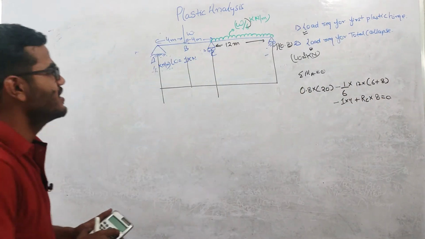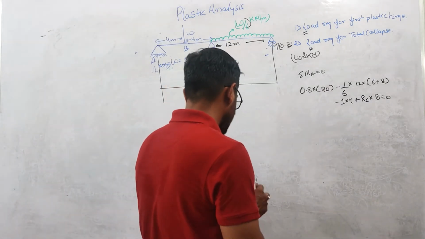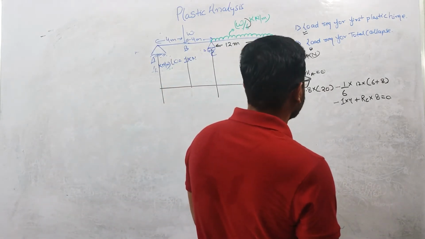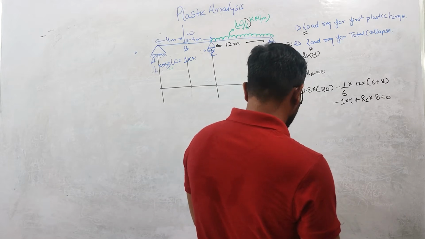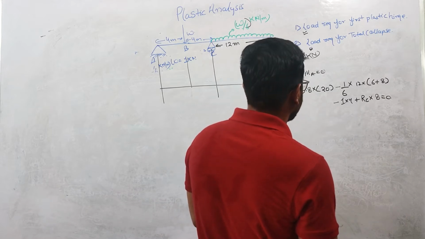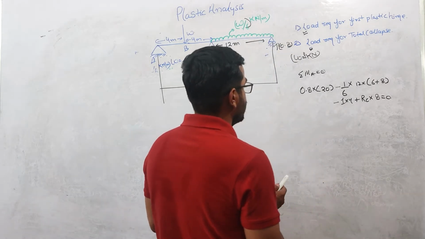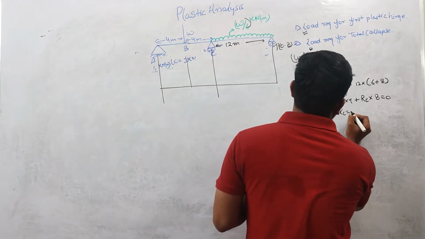If you solve this equation, this is minus 2 into 14 minus 4, 16. So RC comes out to be 2 kilonewton.